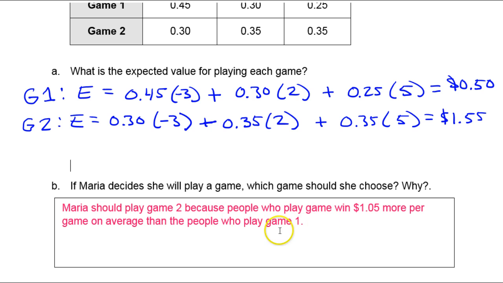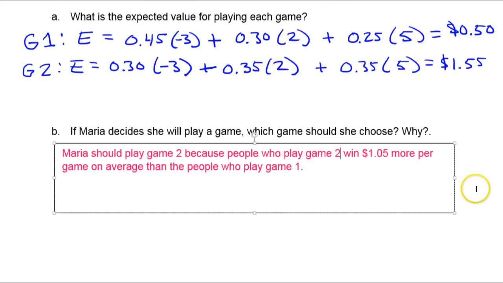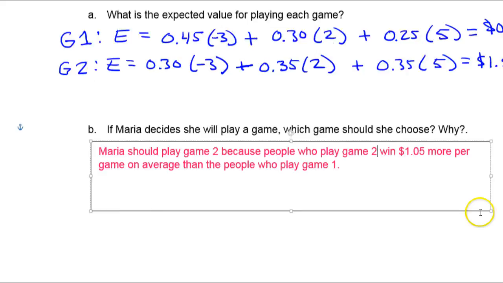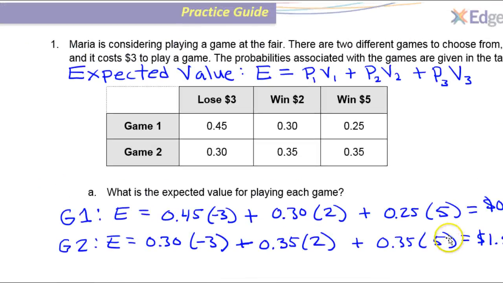I just typed up what I said: Maria should play game 2 because people who play game 2 win $1.05 more per game on average than the people who play game 1. Looks like that was it for this particular question.